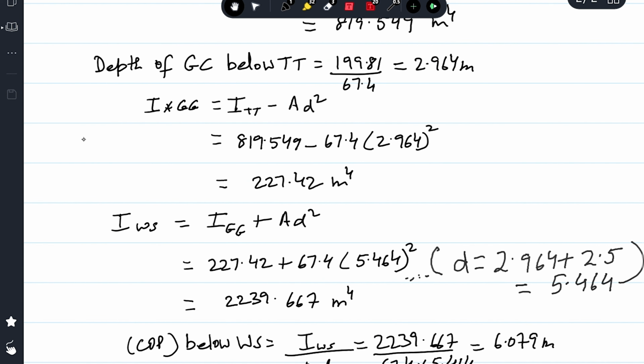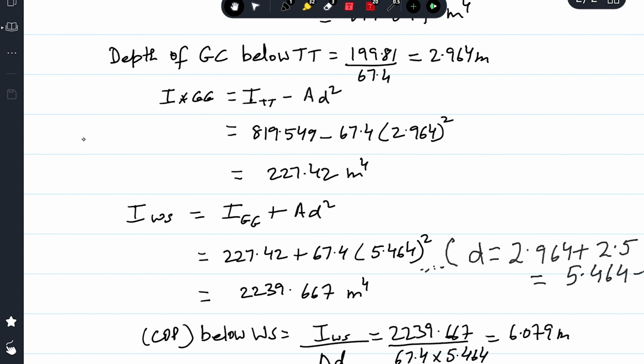Now, knowing the moment of inertia about the axis passing through the centroid, I can find the moment of inertia about the water surface, IWS, which will be IgG plus AD squared. So IgG, the centroidal axis moment of inertia, is 227.42 here, plus the area of the bulkhead immersed, 67.4.